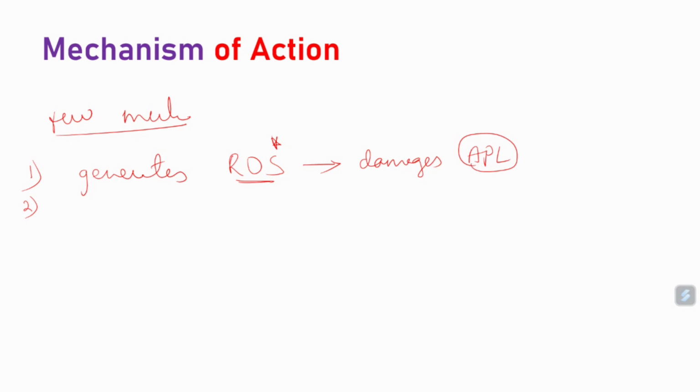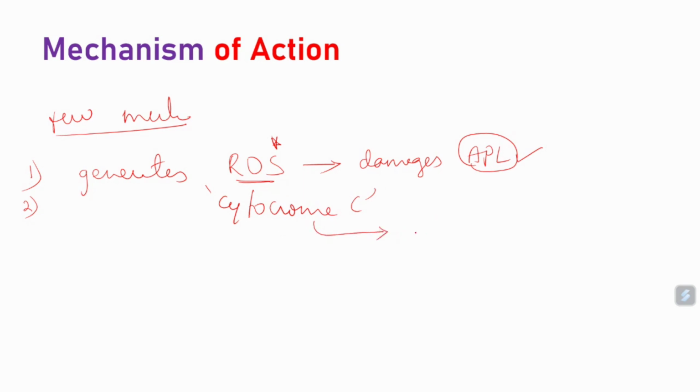I'll not go into detail with the molecular level concepts. Just try to understand: it generates reactive oxygen species and damages the proliferated acute prolymphocytic cell. Next, along with reactive oxygen species, it also produces cytochrome C, a very important protein.